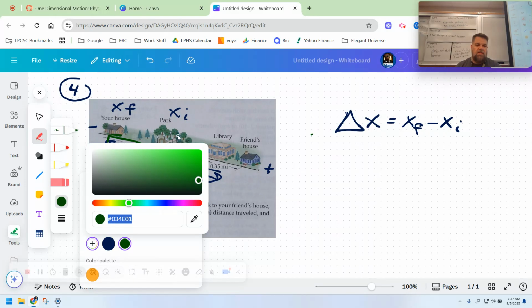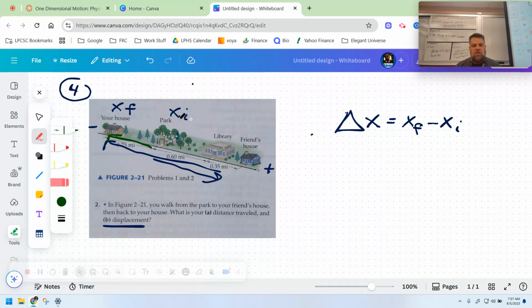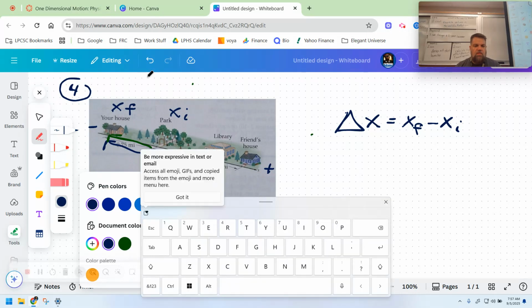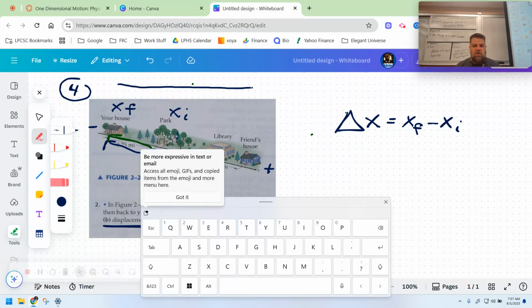let me think here. The park is the initial position. So if this is positive, the final would be 0. So I'm just trying to think of a good way to label this. So if I want to think of this as a number line, right?